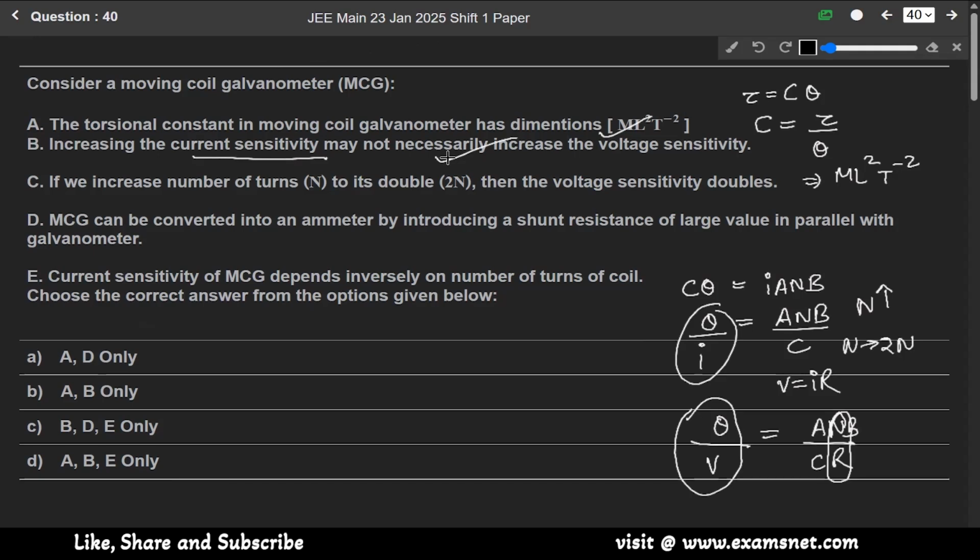But here we are saying that increasing n over R does not increase theta over V. So whether we increase n to 2n or n to 3n, it has no effect on theta over V. So this statement is wrong. And D: an MCG can be converted into an ammeter by introducing a shunt resistance of large value in parallel with the galvanometer. This one is wrong according to the shunt law of resistance.